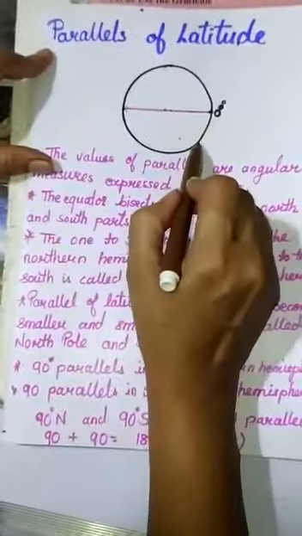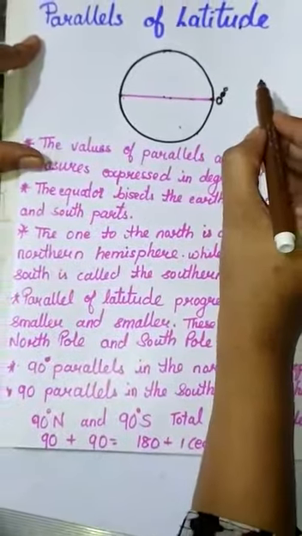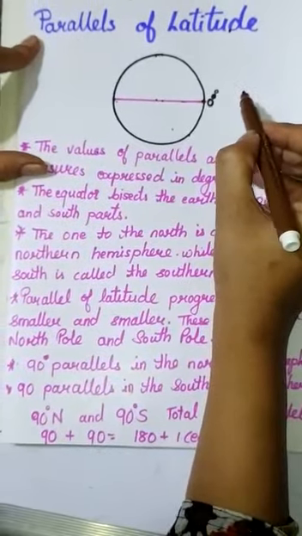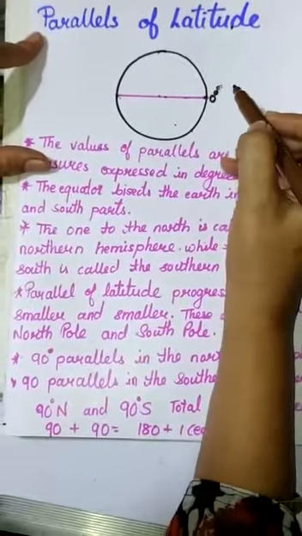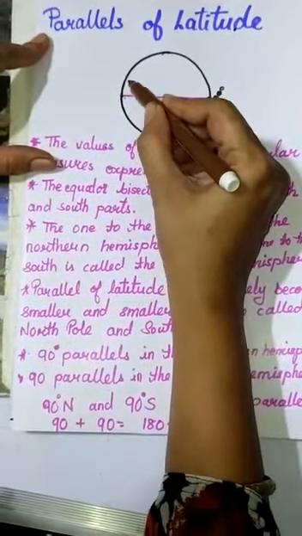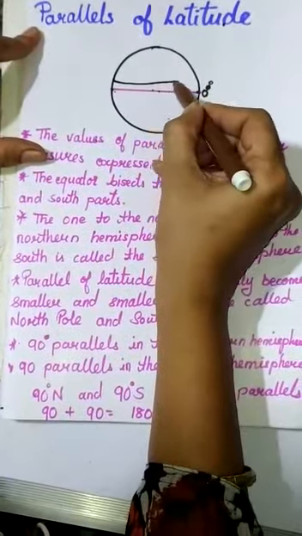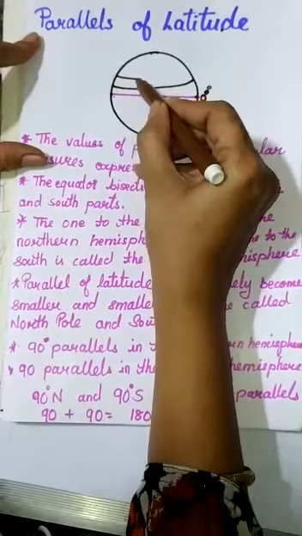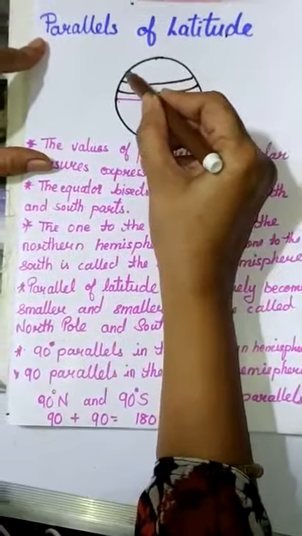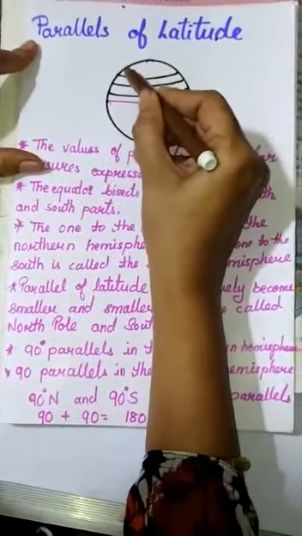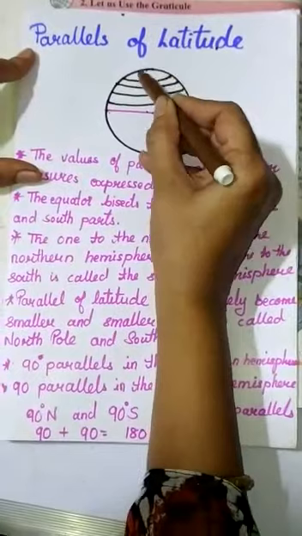Now you cannot see anything. So let me just show you what are parallels of latitudes. Parallels of latitudes are the lines parallel to each other which move from the equator towards the poles, that is towards the north side and the south side.